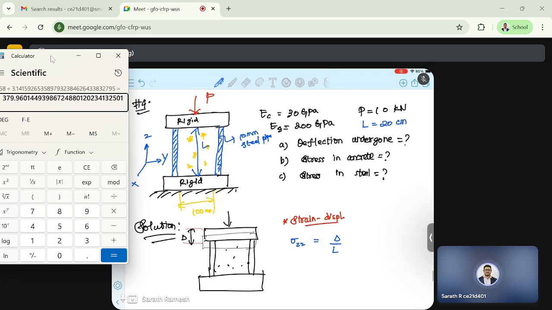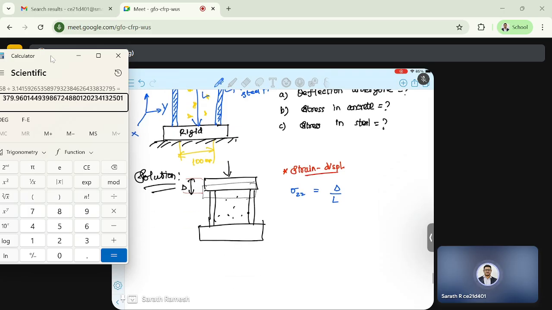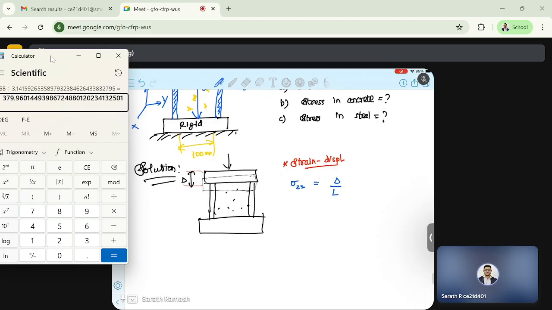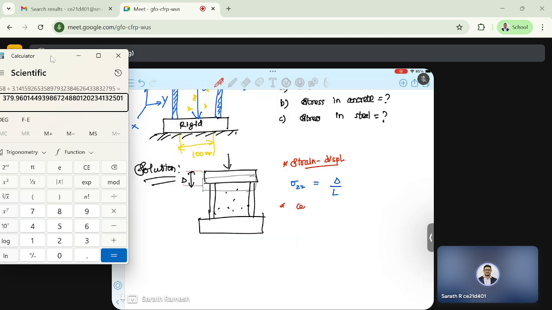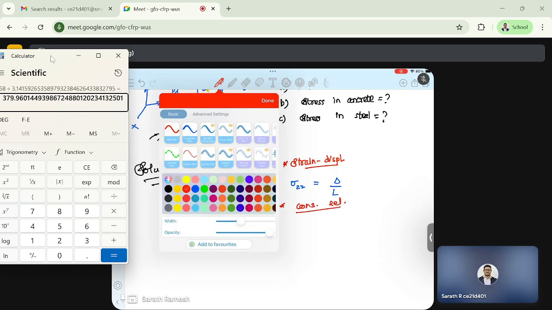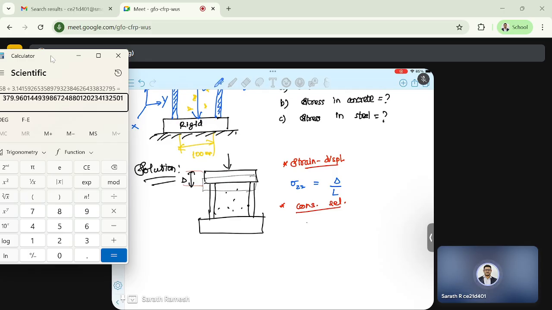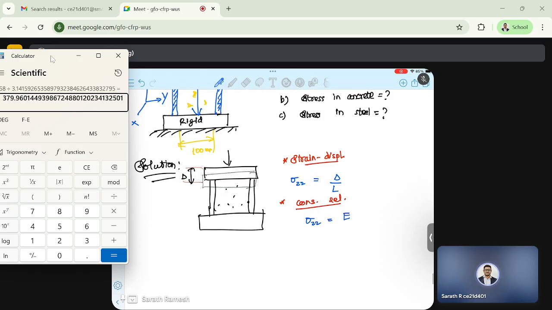Now, epsilon zz equal to delta by L is my strain displacement relation. And how about the constitutive relation? Sigma zz equal to E times epsilon zz, right?